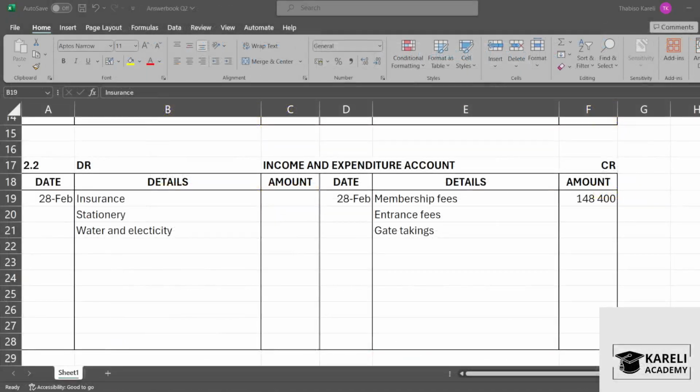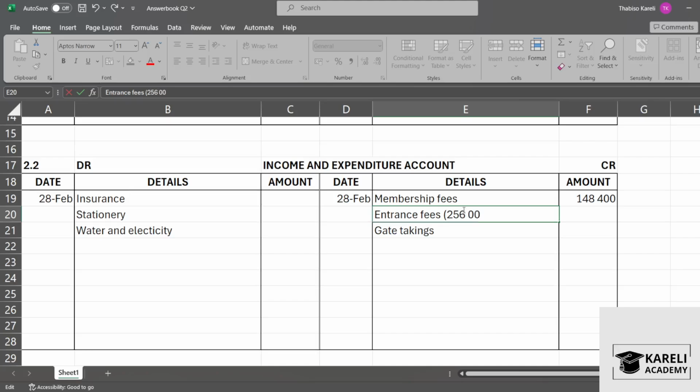we are now going to say our entrance fees, opening balance, it's 256,000. We minus how much? We minus 56,000. And how much is the difference? The difference will be 200,000.